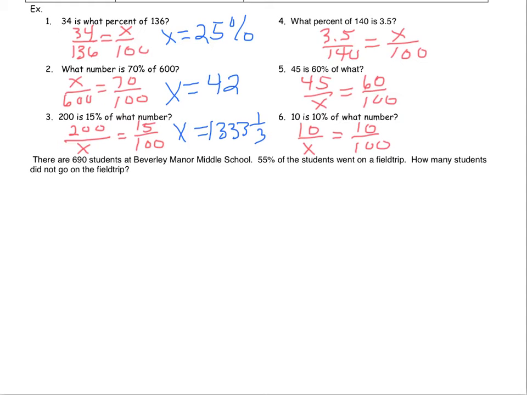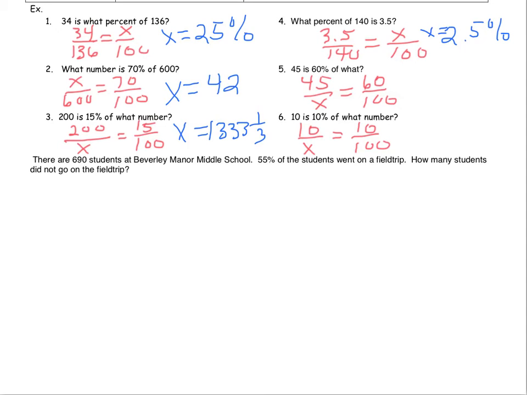For number 4, what percent of 140 is 3.5? So the of, 140, is your total. So that's the whole goes in the denominator, and 3.5 is the part. Cross multiply and divide, and you should get 2.5%.